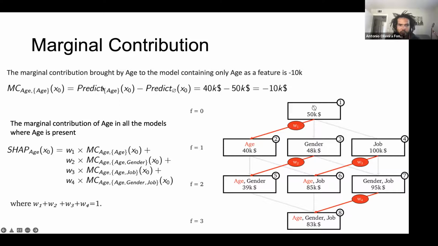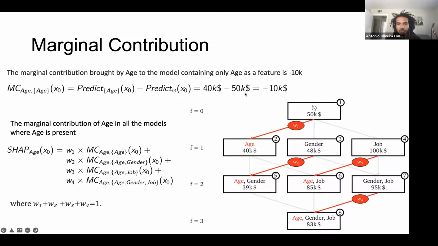So here, that's the marginal contribution of a specific feature with respect to the income, right? For example, the prediction given this X0, the sample that we're analyzing, taking age into consideration is 40,000. And the naive prediction for that sample, which would take into consideration just the mean income of all the samples we have seen so far, would be 50,000.